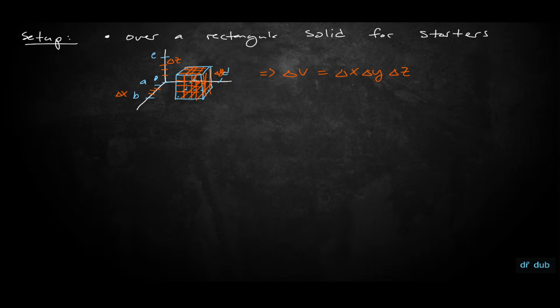And then the triple integral over the region E, the box, f of x, y, z dV would be the limit as m, n, and p all go to infinity of the triple Riemann sum, summation i equals 1 to m, summation j equals 1 to n, summation k equals 1 to p, f of x_i, y_j, z_k, delta V. So it's the limit of a triple Riemann sum.